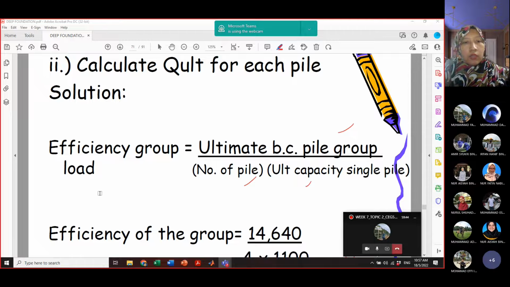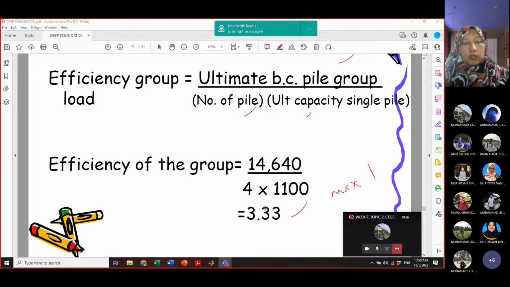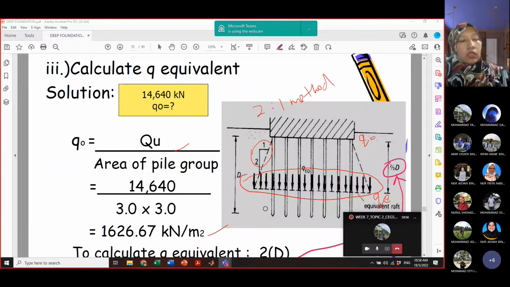Okay, how to determine the efficiency of the group? The efficiency of the group is the ultimate bearing capacity of the pile group bahagi dengan number of piles darab dengan single ultimate bearing capacity. So the efficiency is 3.33. So that is the maximum. And the next question asks you to calculate the Q equivalent. The Q equivalent ni is the situation where you want to estimate the settlement by block failure of the pile group.